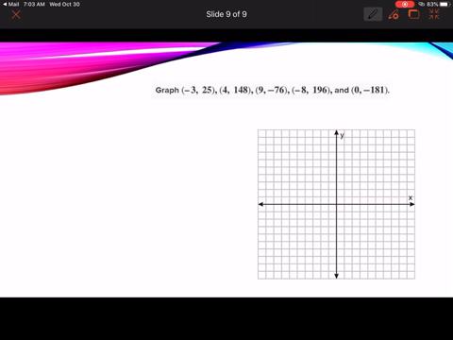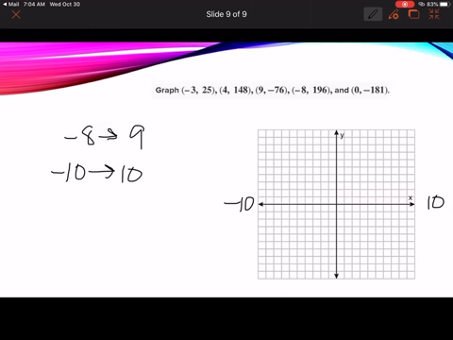So my x values here go from negative 8 to 9. So it looks like we can probably go from negative 10 to 10, which would make them just 1. So we'll write that up here. And my y values are the ones that are really high.